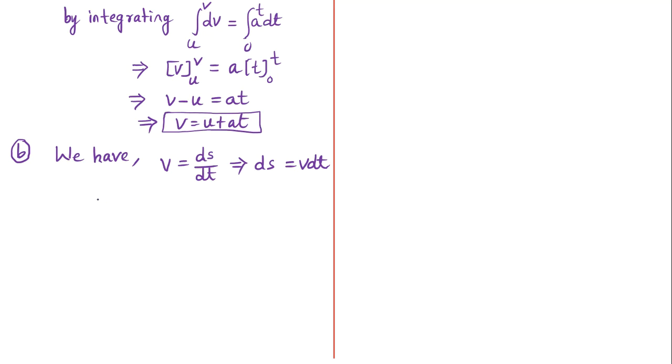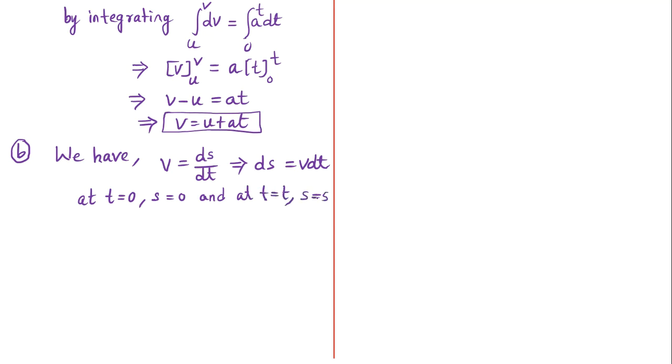That means at t equal to 0, the displacement is also 0. Clear? And at t equal to t, the displacement equal to s.